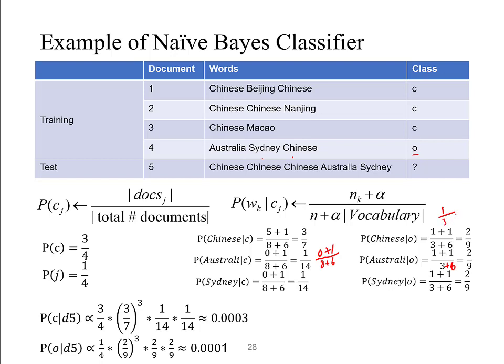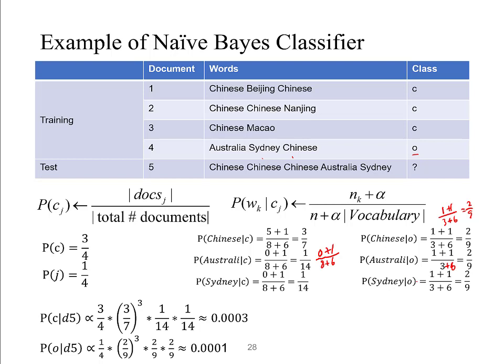So this is the original one. Using add-1 smoothing, we add 1 at the numerator and 6 at the denominator, and we would have 2 over 9 as the probability of Chinese given O, and also the same for Australia given O and Sydney given O.